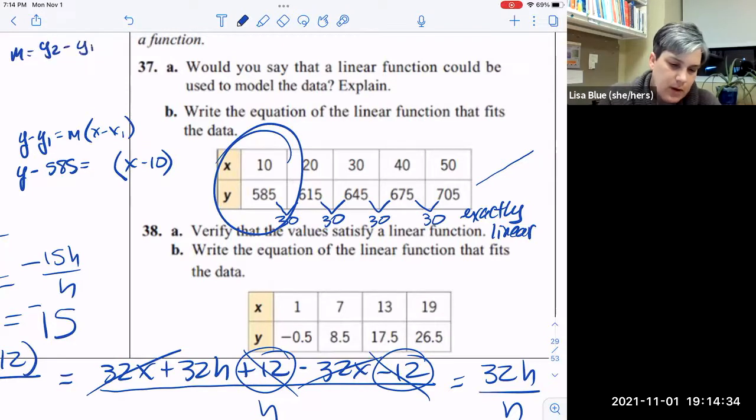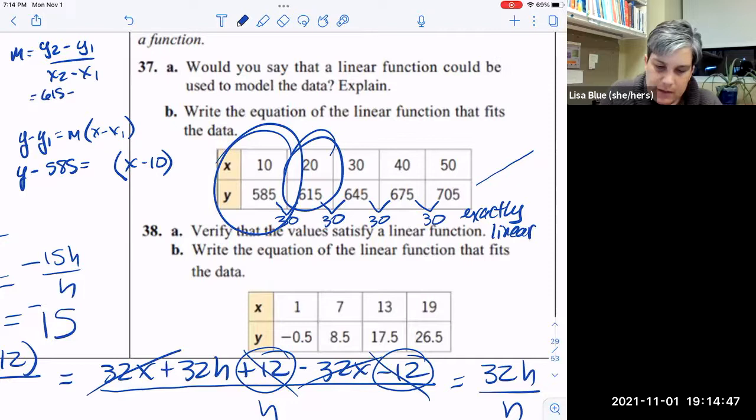And then to find the slope, we would just take rise over run. And so we could take a second data set and we could say, okay, 615 minus 585, x2 is 20 minus 10. This is 30 over 10.